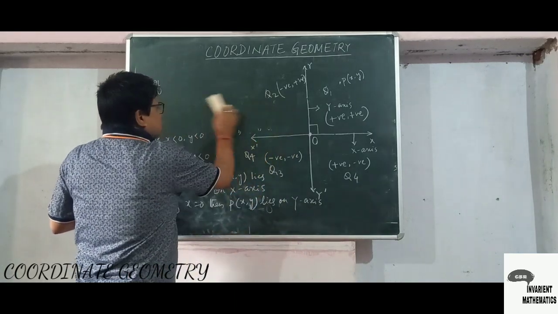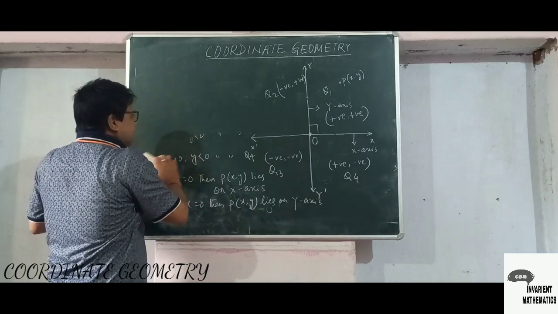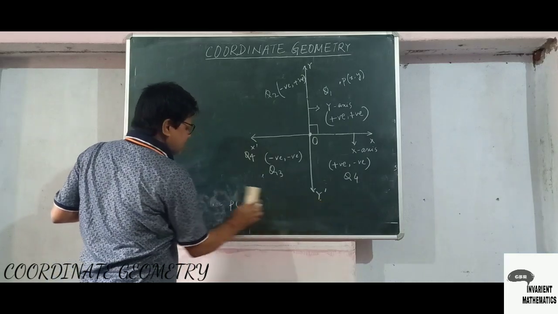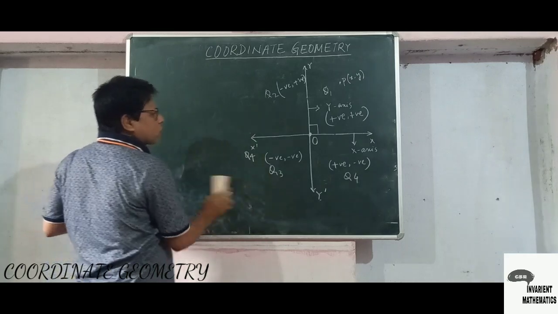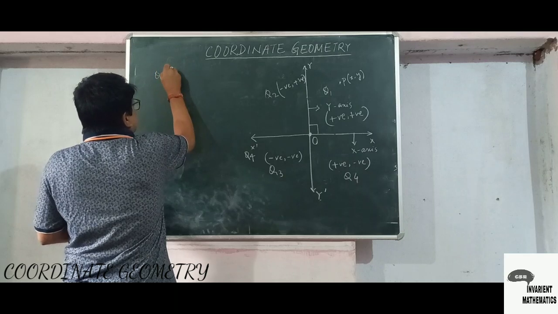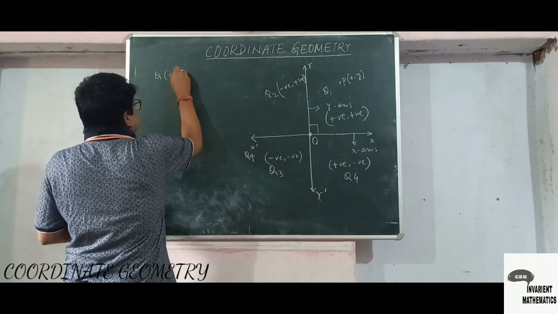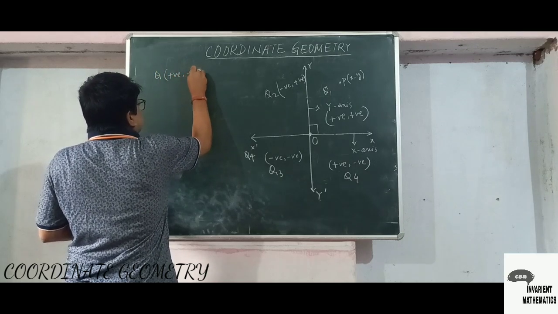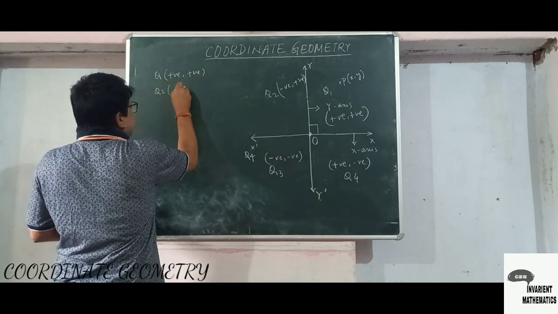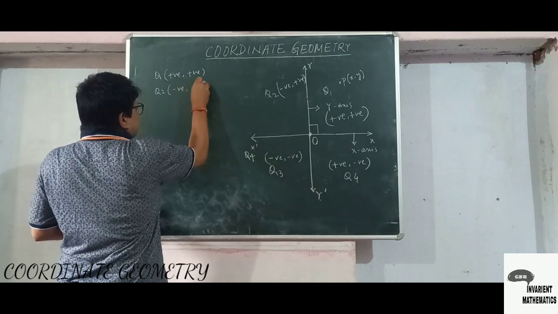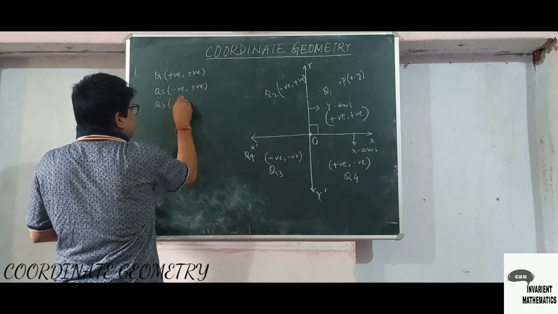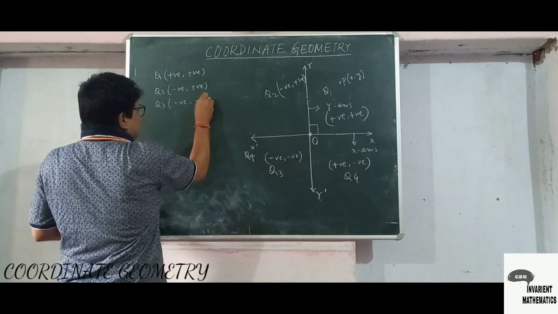So, what do we conclude from this? The two lines divide the plane into four quadrants. Those quadrants are known as Q1, that is positive, positive. Then Q2, that is negative, positive. Then Q3, that is negative, negative.